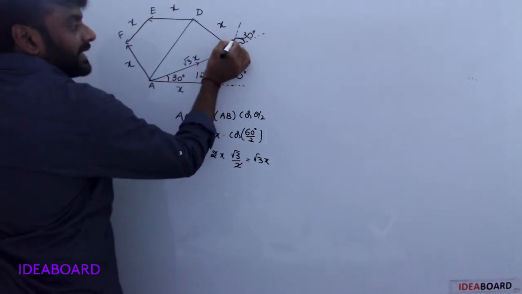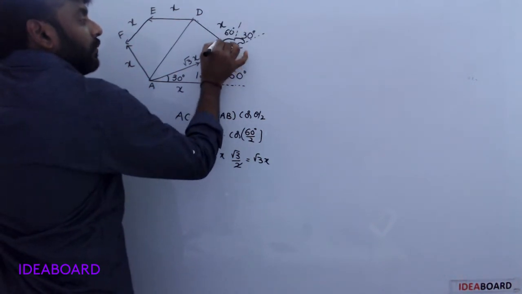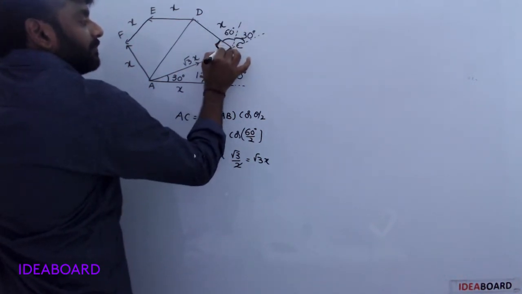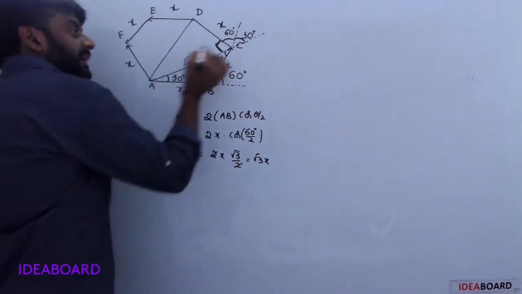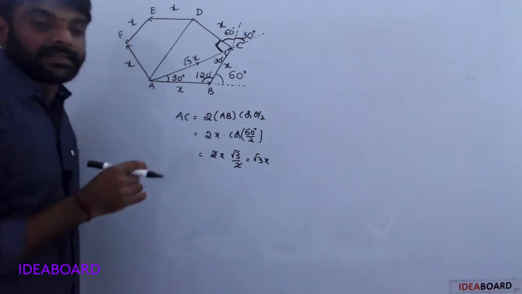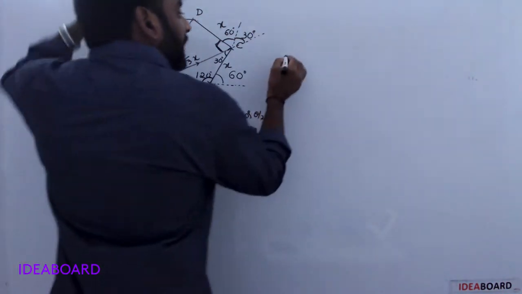That means this one is also 30 degrees, now it is 60 degrees. What about this one here? This angle is 90. The angle between AC and CD is 90 degrees.